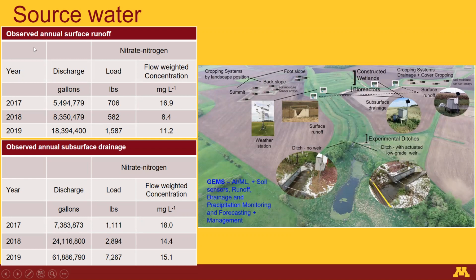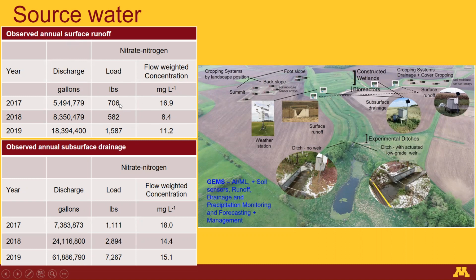So when we look at this data for surface runoff, we have data that we're displaying here from between 2017 and 2019. 2017 was a marginally wetter year than our long-term average. 2018 and 2019 were much wetter than our long-term average. And what you can derive from looking at this is that there's a lot of variability from year to year in our surface water runoff nitrate nitrogen concentrations, and also in our loads coming off of the landscape.